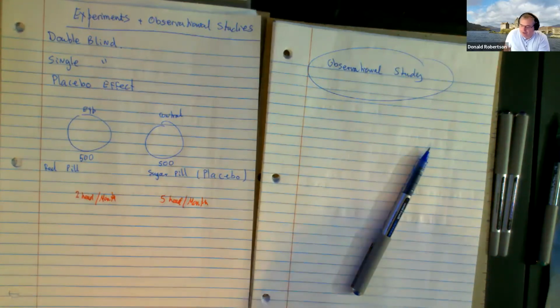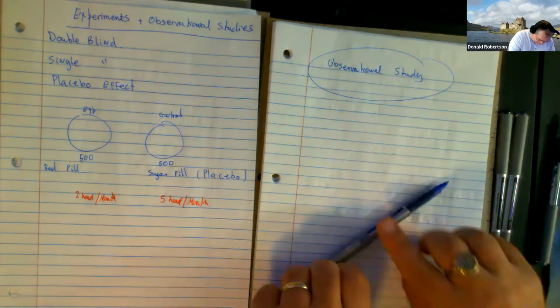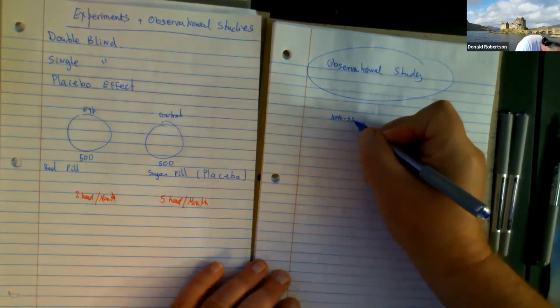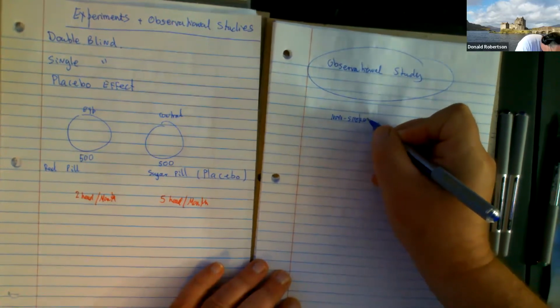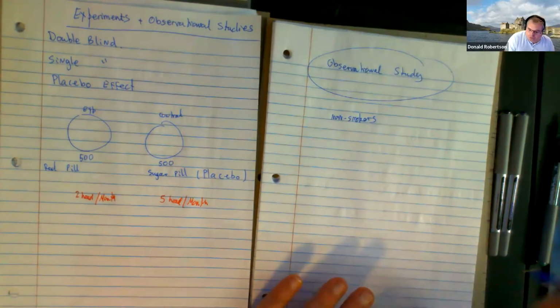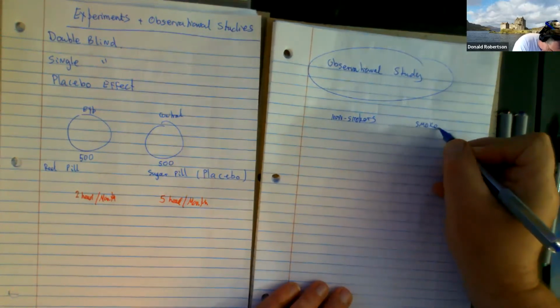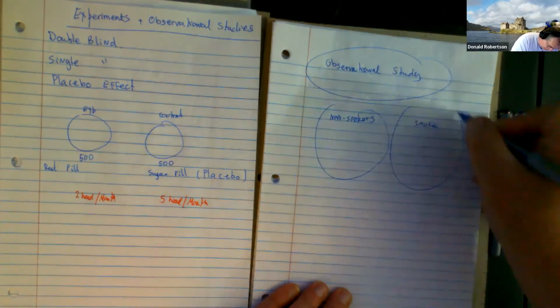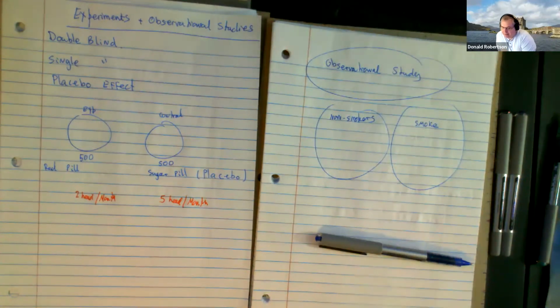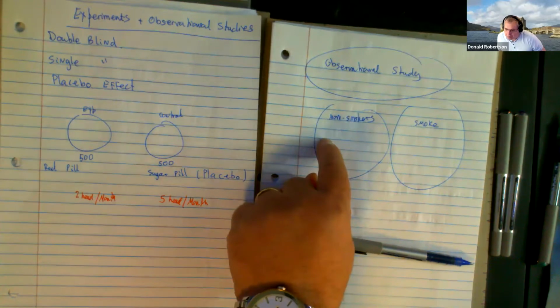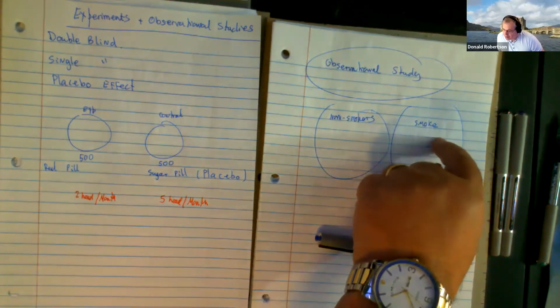An observational study could be, couldn't you find two groups? One is non-smokers, people who do not smoke cannabis, and those who do smoke cannabis. Now, you don't pick the groups. In other words, you don't say you become a non-smoker and the next person you become a smoker.